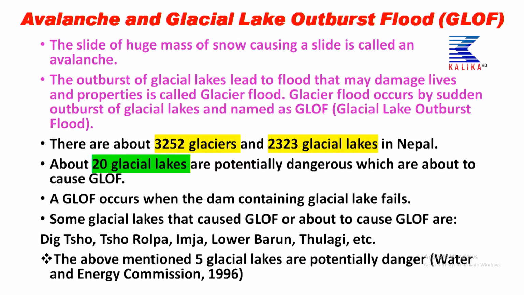Some glacial lakes that caused GLOF or are about to cause GLOF in Nepal are Dikcho, Chorolpa, Imja, Lower Barun, and Tulagi. These 5 glacial lakes are potentially dangerous.